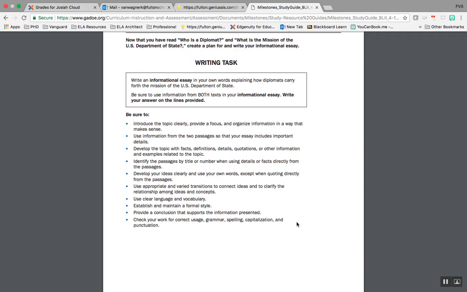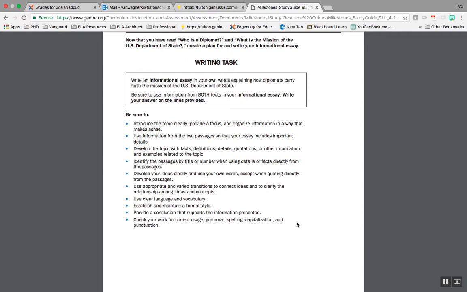That goes back to your sentence variety. If you start a sentence with a dependent clause, which means it's not a complete sentence by itself, you need to have a comma at the end of the dependent clause. For example, if you use a transition word like furthermore, you have a comma right after that, and then you have your sentence.